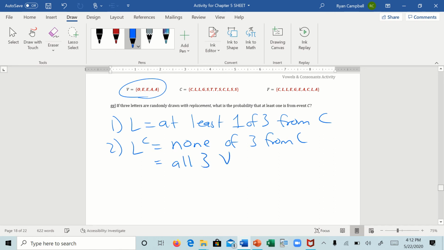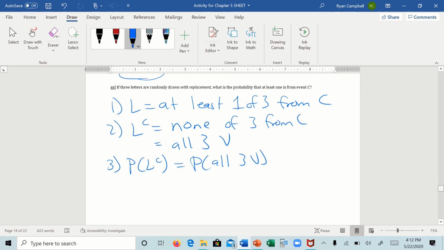So all 3 are vowels. So let's find the probability that all 3 are vowels. Well, since we have more than one letter, that means the first one's a vowel, and the second one's a vowel, and the third one's a vowel.